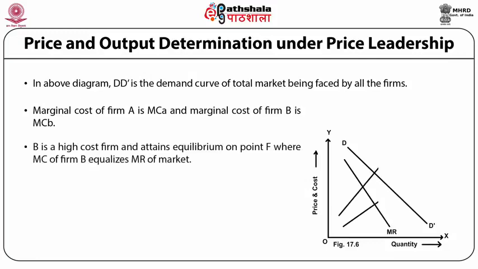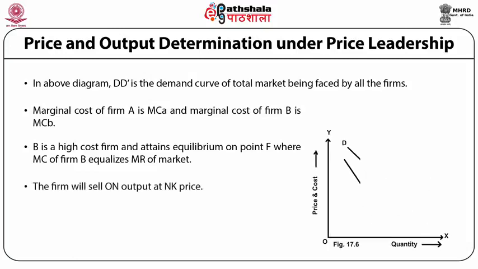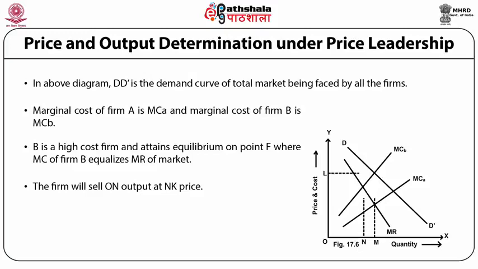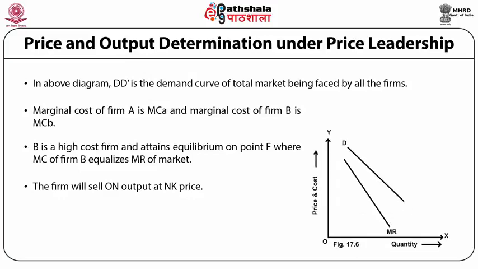B is the high-cost firm and attains equilibrium at point F, where MC of firm B equals MR of the market. The firm will sell ON output at NK price. Firm A is a low-cost producing firm and attains equilibrium at point E and determines to sell OM output, setting price MP.